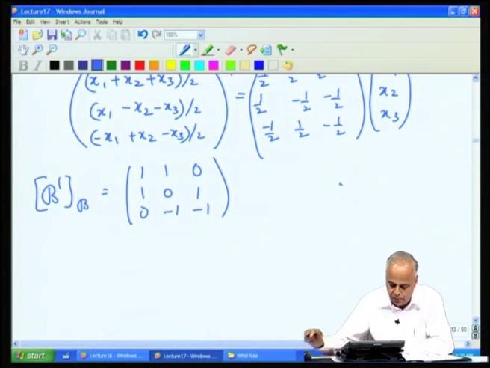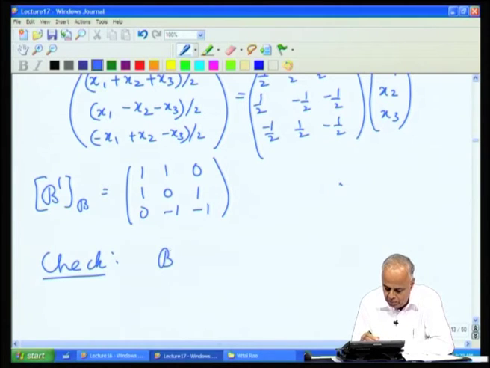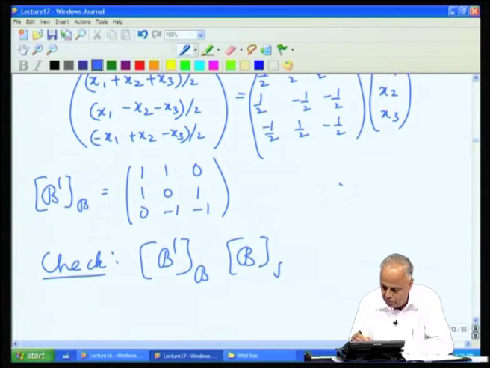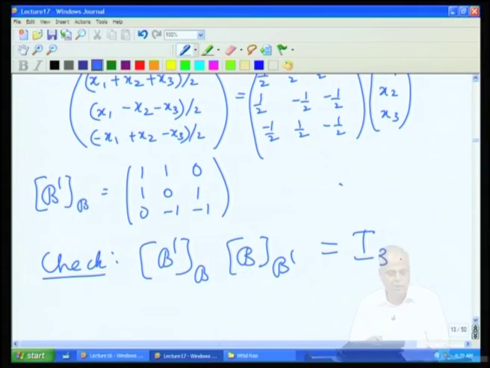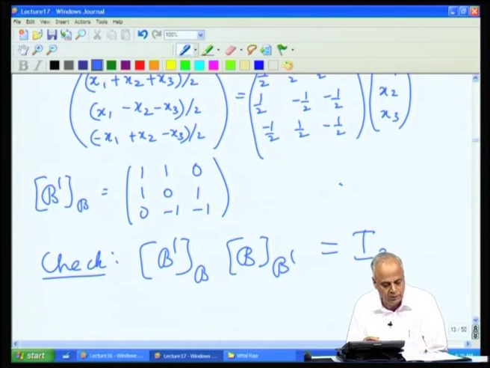Now, all we have to do is check that this B prime B, together with the B B prime that we have above, gives us the identity matrix. It is easy to check this, it is just a matrix multiplication and we can verify that this is indeed true.